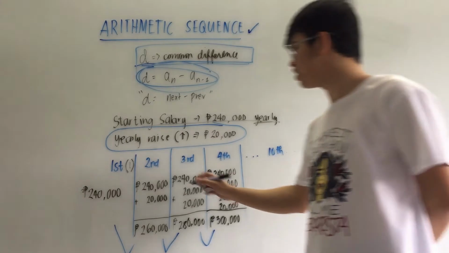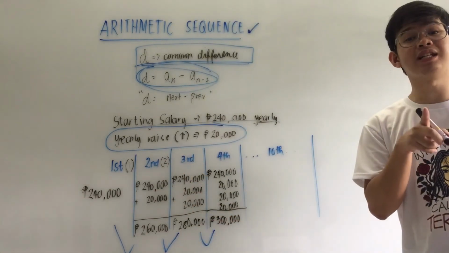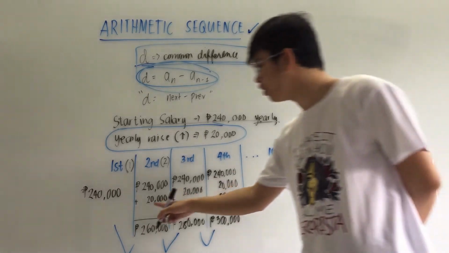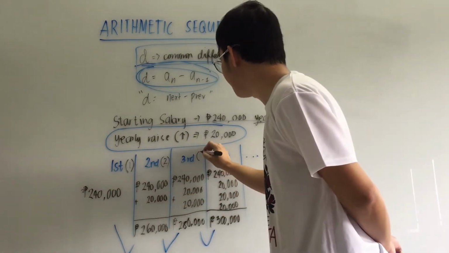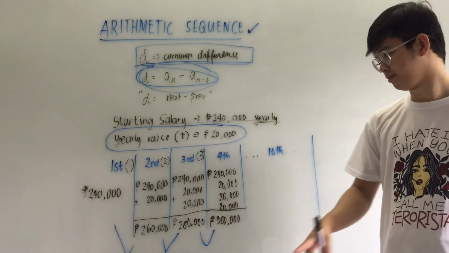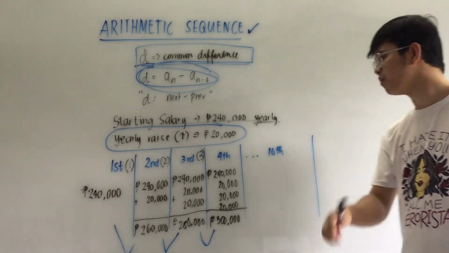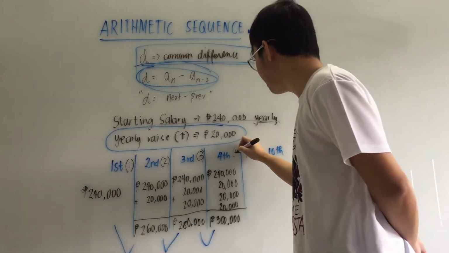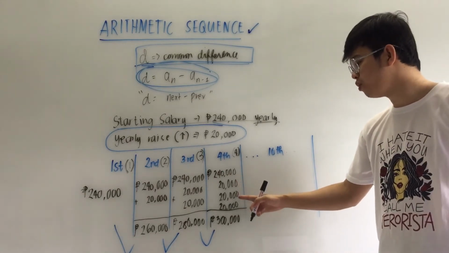How many 20,000 did we add? It's 1. We added one 20,000. What about for the third year? How many 20,000 did we add? We have 1, 2. We added two 20,000s. Now, for the fourth one, we have 4 here. How many 20Ks did we add? 1, 2, 3.